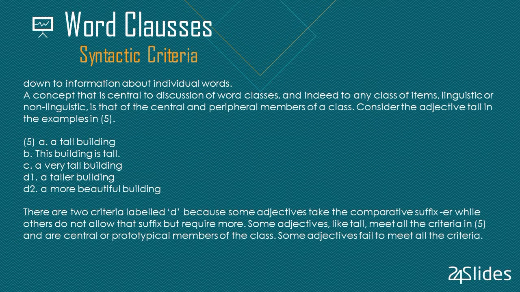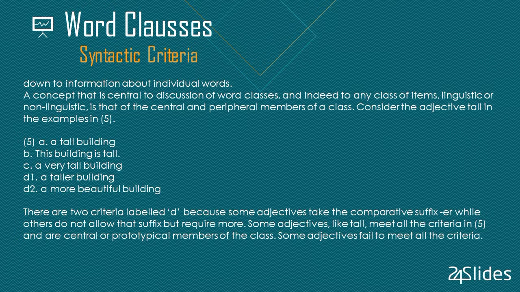A concept that is central to discussion of word classes, and indeed to any class of items, linguistic or non-linguistic, is that of the central and peripheral members of a class.